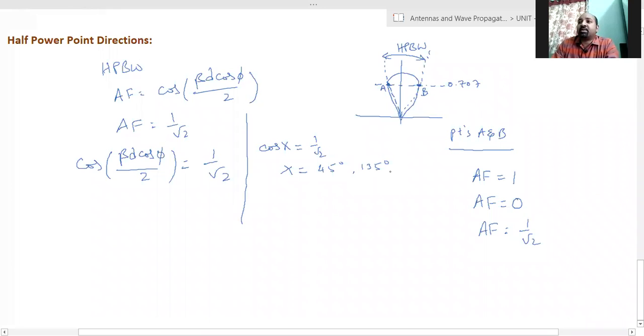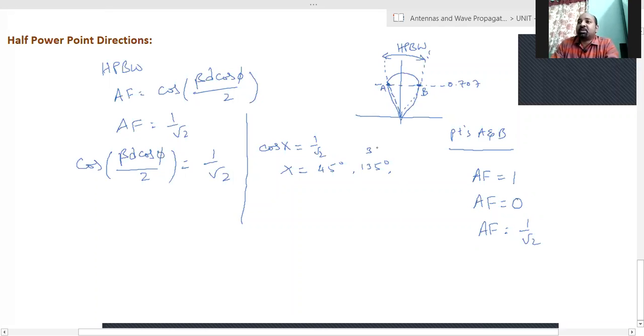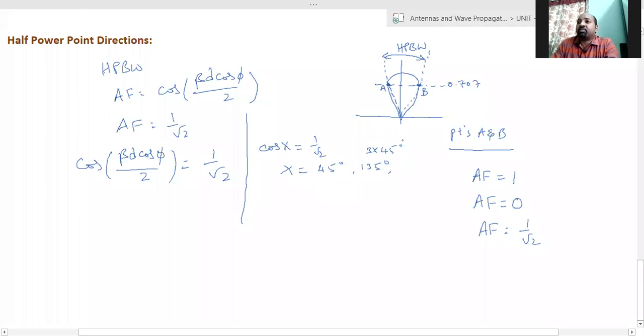You will get it at 135 degrees. That means 3 into 45, you will get cos 1 by root 2.